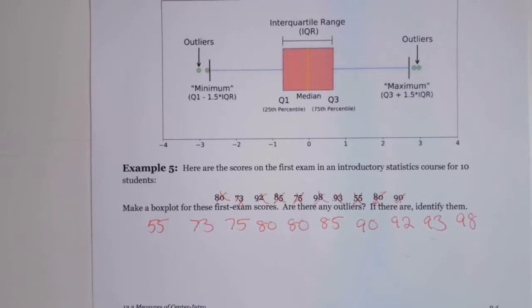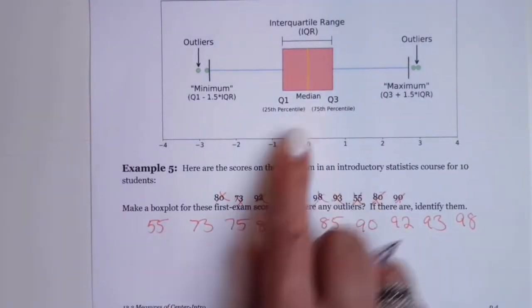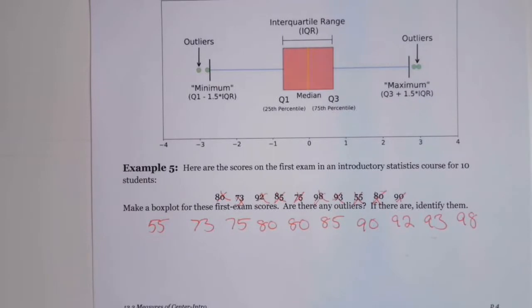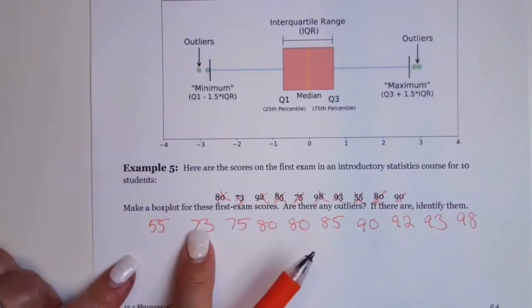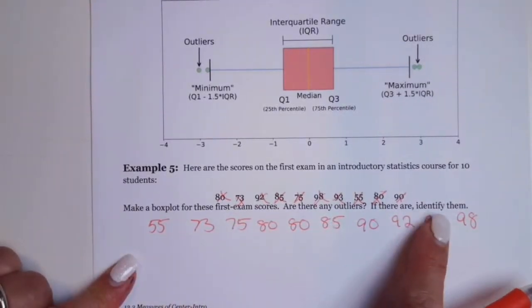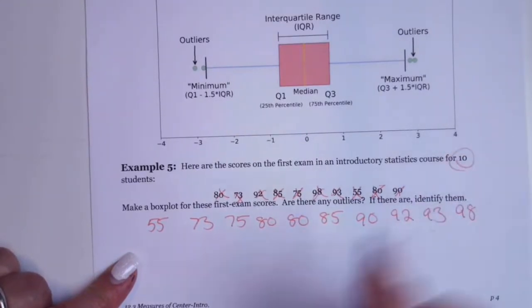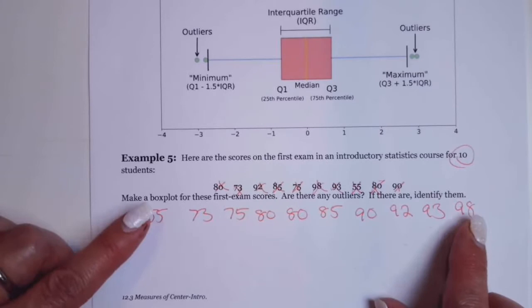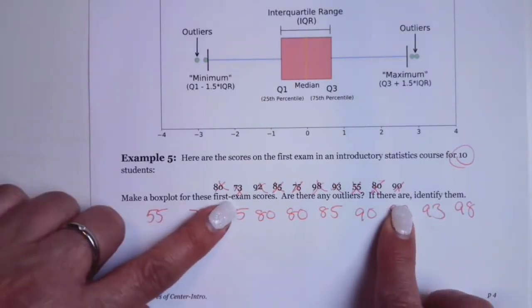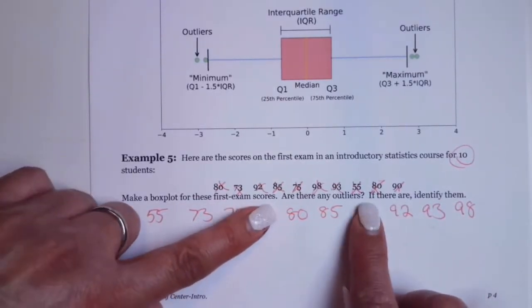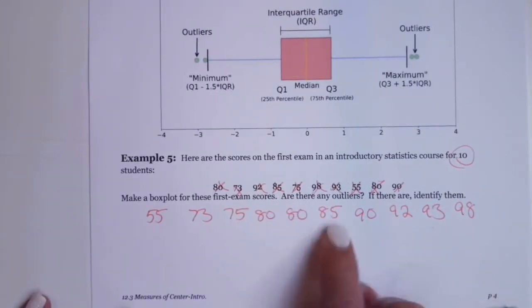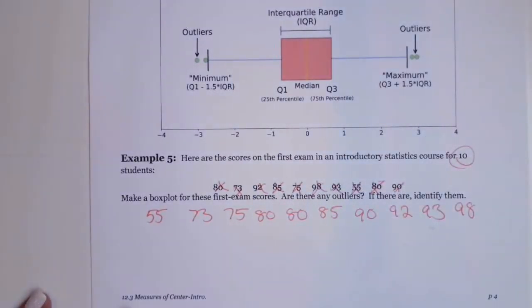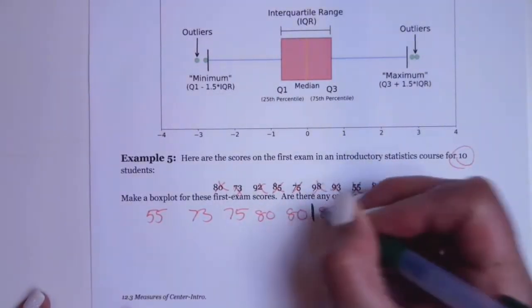So now again, we want to find the median. We have 1, 2, 3, 4, 5, 6, 7, 8, 9, 10. We have 10 students, so we have 10 of these. The median is going to be in the middle, in between these numbers.